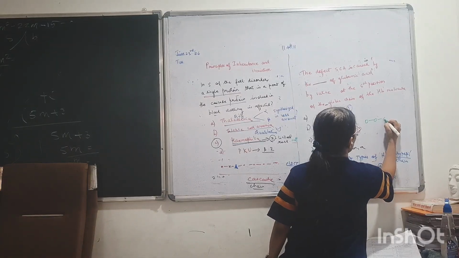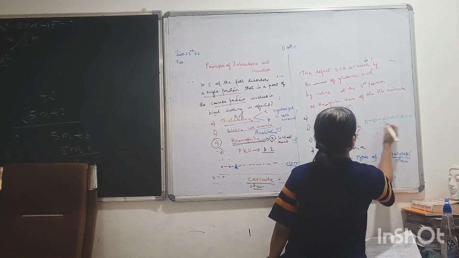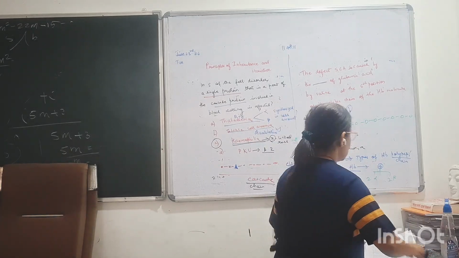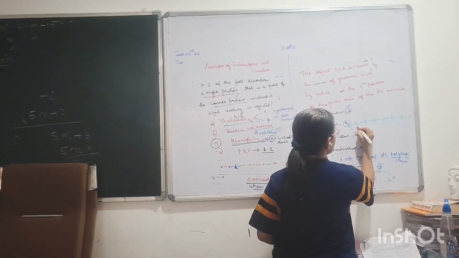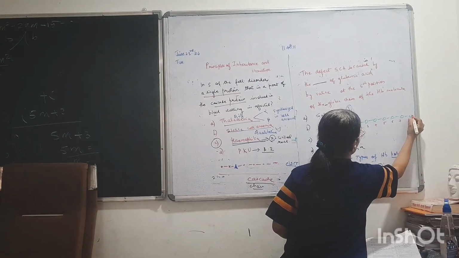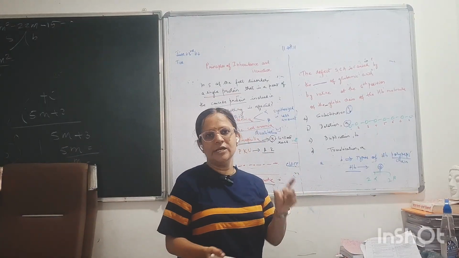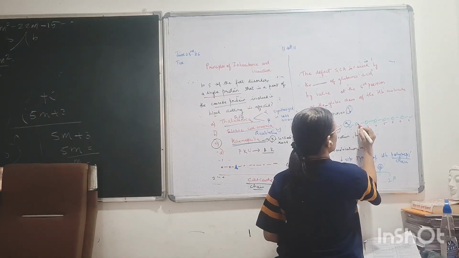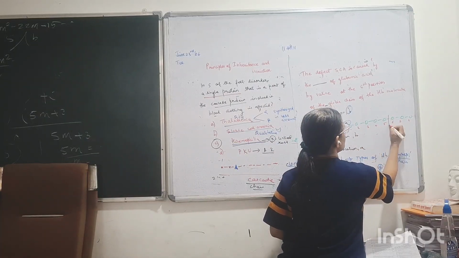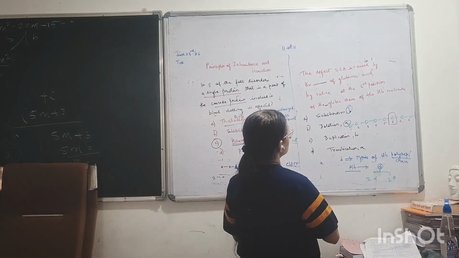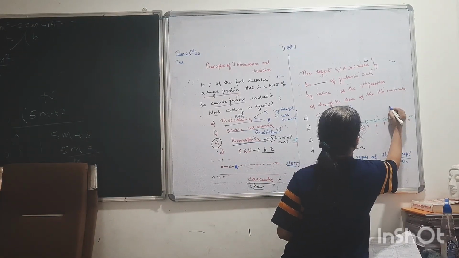Suppose this is my polypeptide chain, consisting of amino acids 1, 2, 3, 4, 5, 6, 7, 8. What happens in sickle cell anemia is that the sixth amino acid, count 1, 2, 3, 4, 5, 6, in a normal person is glutamic acid.